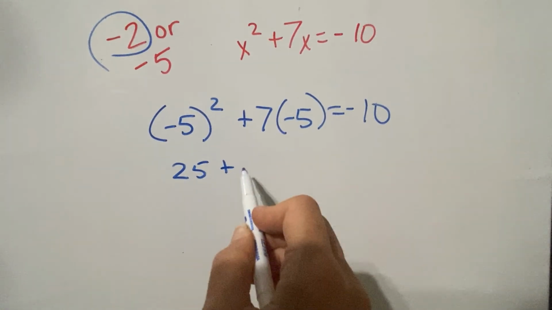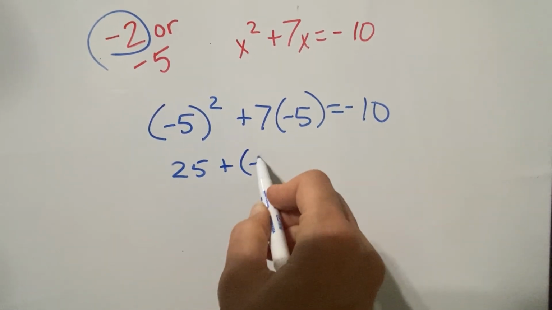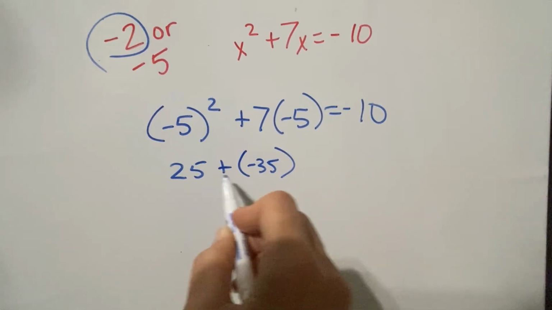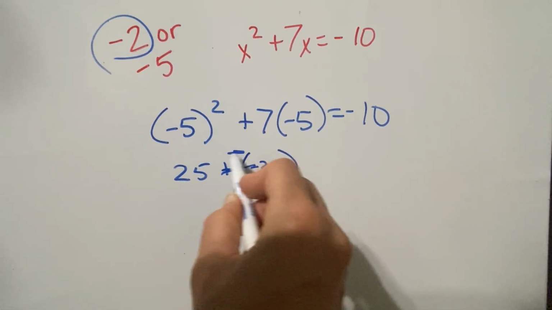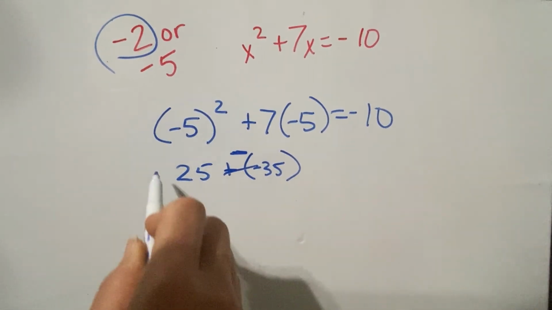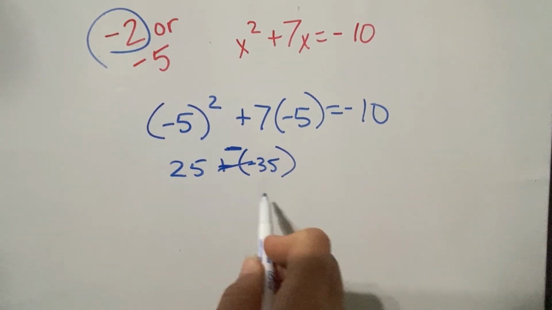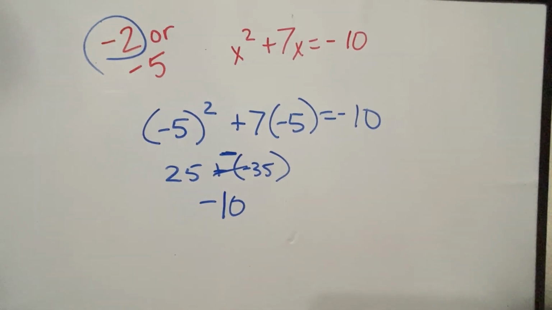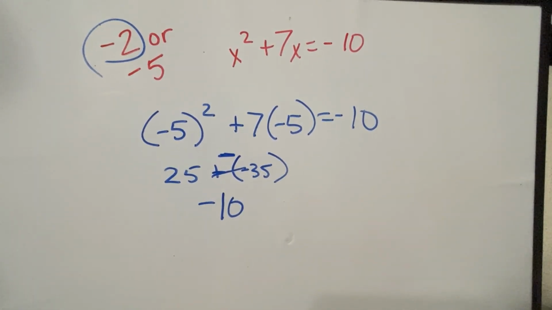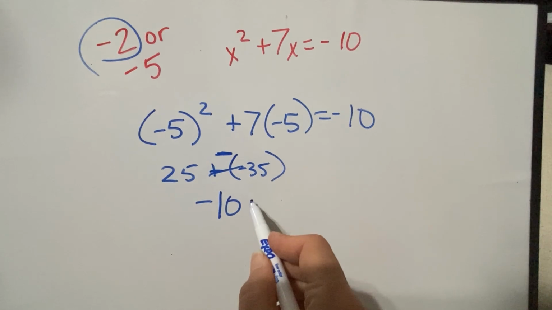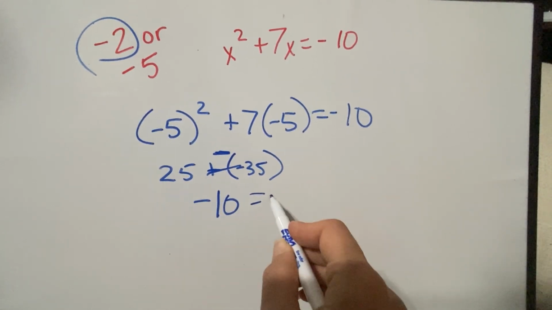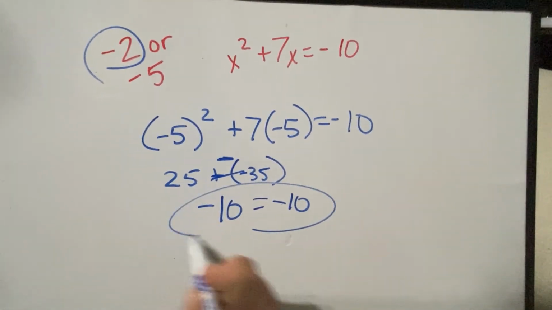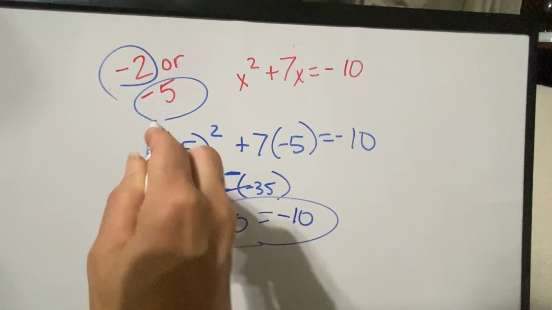Plus 7 times negative 5 is negative 35. Again, this kind of becomes like a minus sign. This is a minus, this is a plus. You subtract. 35 minus 25 is 10. The negative sign is in front of the 35, so that's why this stays negative. So negative 10 does equal negative 10, so both of them work.